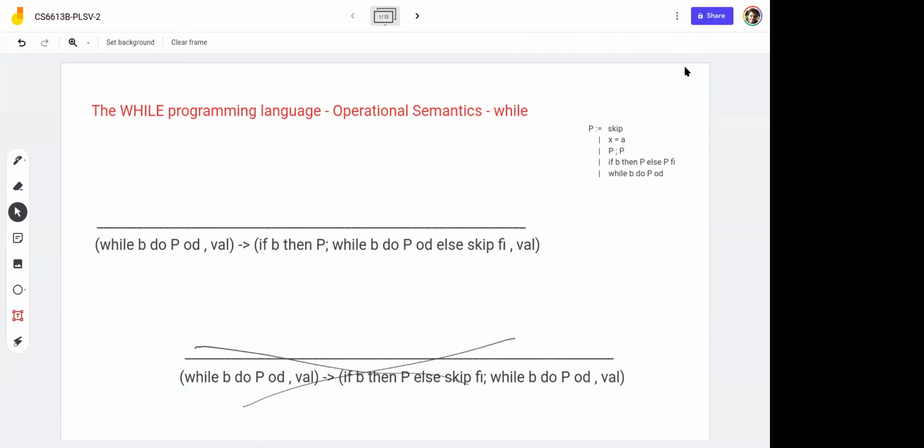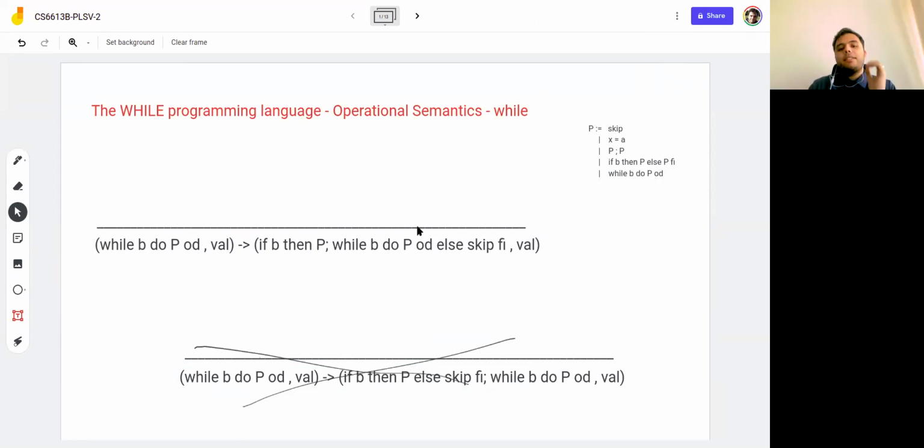Because the while only executes when the if condition is true, and if B is not true, then nothing happens. We just skip that. The problem that we said doesn't happen anymore because if B is false here and we are trying to execute this, then we will get rid of the while eventually.